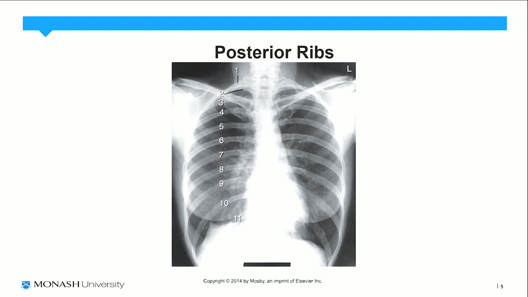So they normally go towards the middle of the spine, and to the middle of our image. And then the anterior ribs curve down, and then they stop bluntly because they have cartilage that attaches them to the sternum.